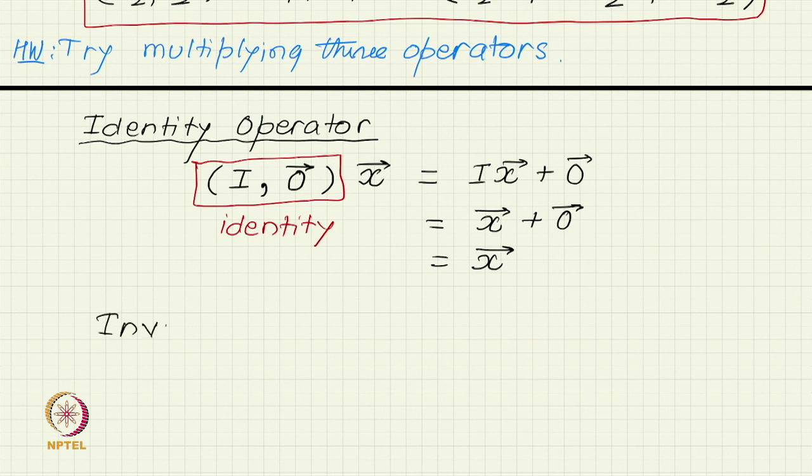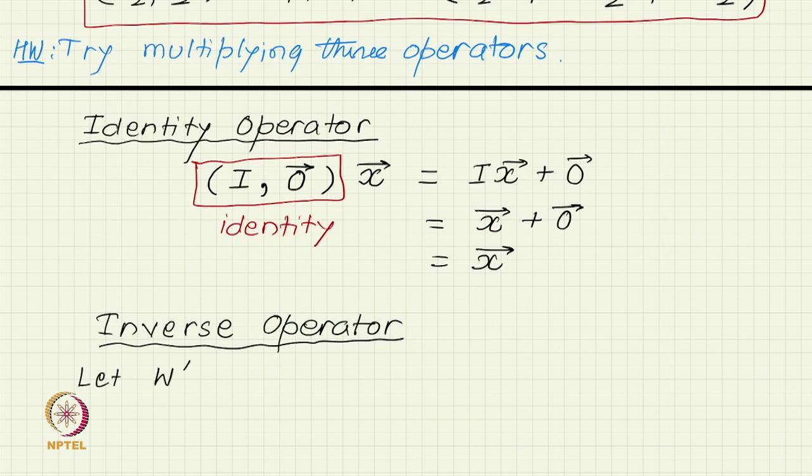Then you can think of how to formulate the inverse. Once you have the identity, you can find the inverse. So, let w prime be the inverse of, or let me write t, T is better for translation.